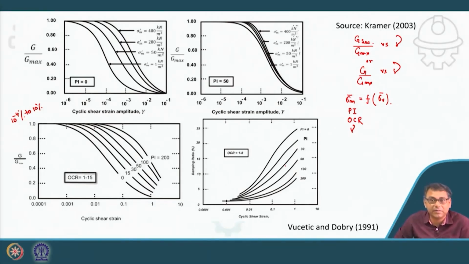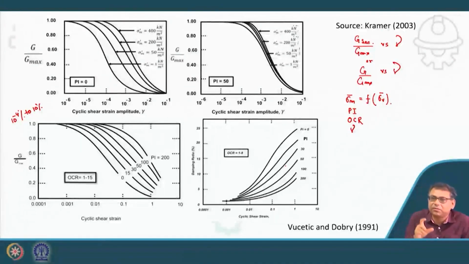So that means you have to scale down that G by G max curve also, because you can see it is a function of effective confining pressure. For example, you have done your test under a high confining pressure, 100 kPa, but in your model tank the confining pressure is very low. So you cannot use that 100 kPa curve.